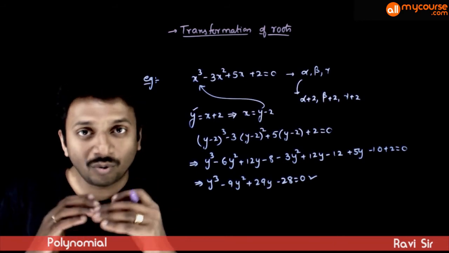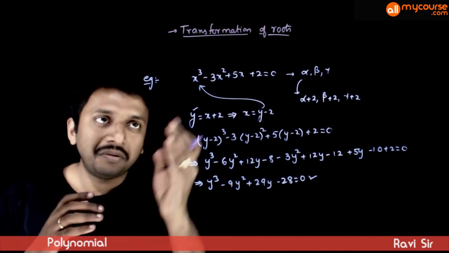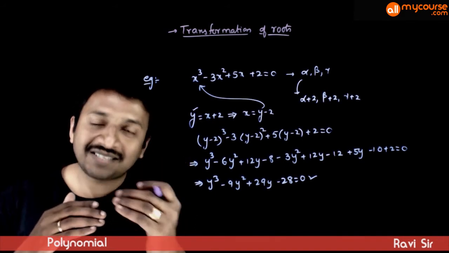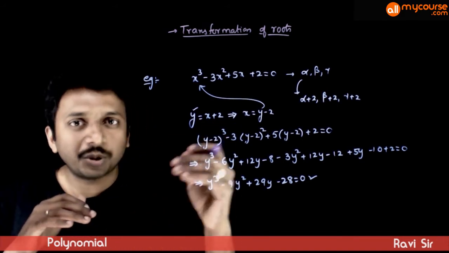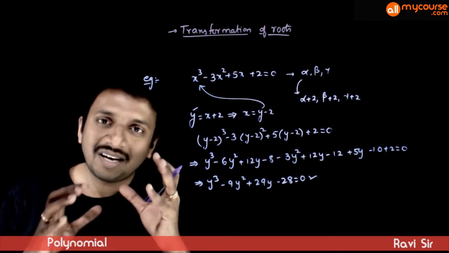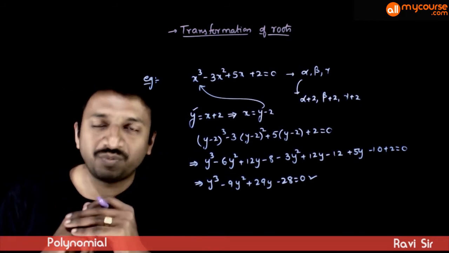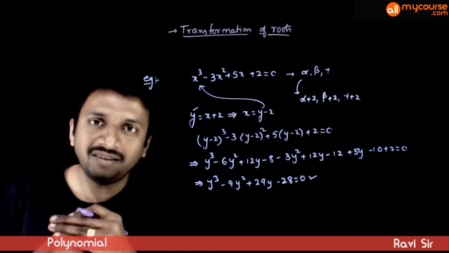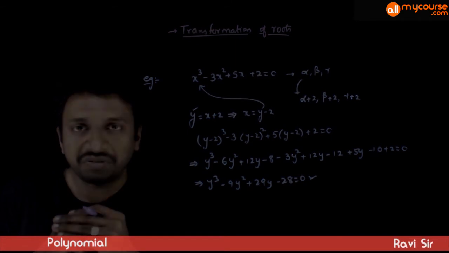So if you want the roots to be greater by 2, you have to substitute y minus 2. If you want the roots to be lesser by 2, you have to substitute y plus 2 in the place of x, and so on. So let us take some standard transformations and see the substitutions that you need to do to get the required transformations.